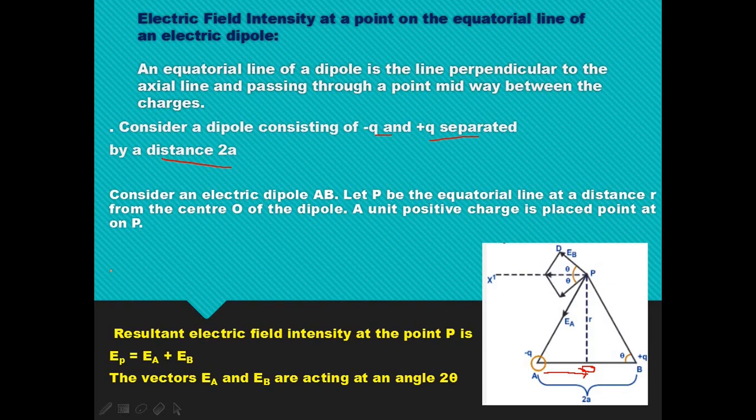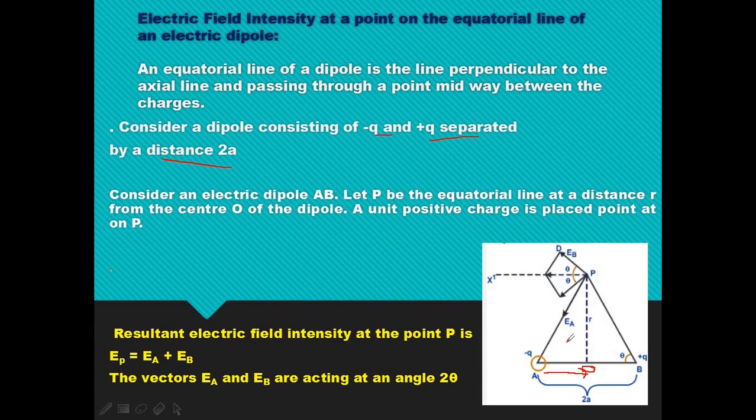Now we find the electric field intensity at point P. Here, see the diagram. Here is the charge minus q at point A, and the electric field here is EA.